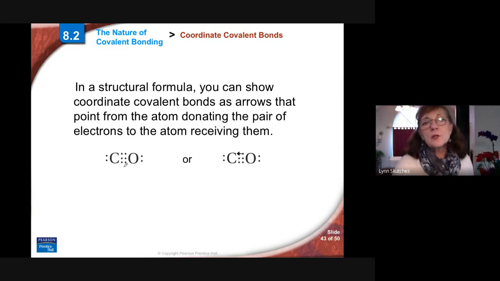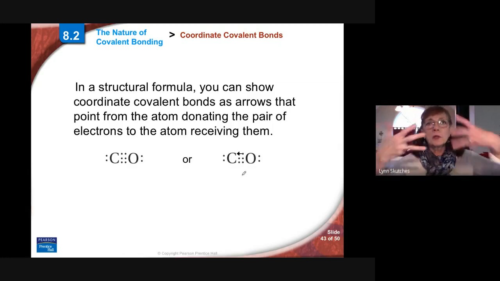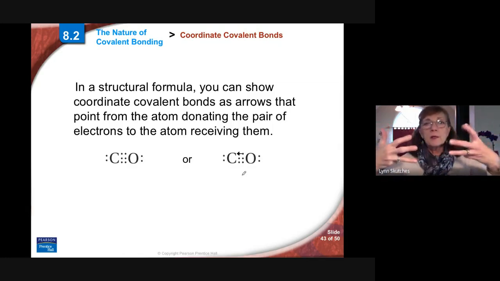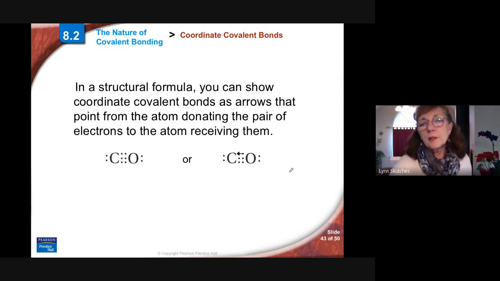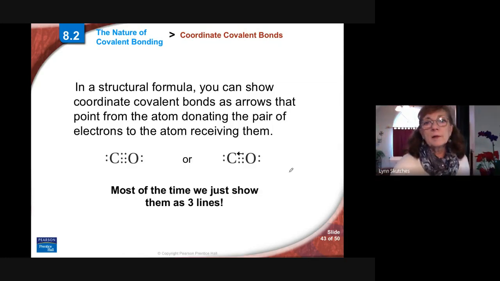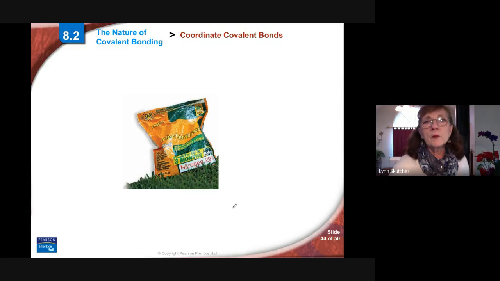So oxygen is notorious for doing this, and oxygen provides, in this case, 4 of the electrons in this triple bond. Normally it'd be 3 and 3, but in this case it's 4 and 2. Okay? And everybody gets their octet. And usually we're just going to show it as 3 lines instead of having the arrow, but some books use the arrows, just so you know.